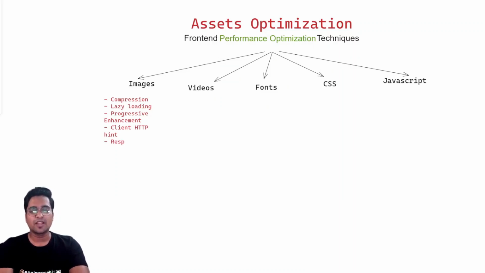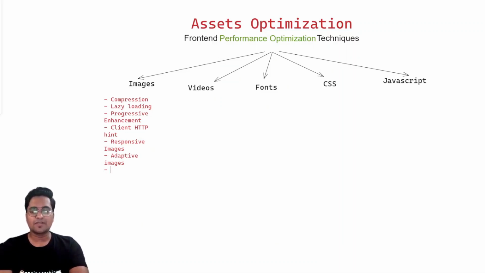We are going to learn about responsive images. We are going to learn about adaptive images. When we say adaptive images, consider you have multiple cores in your system, you are using a power save mode, or you are using devices with less memory. You can leverage all of these.